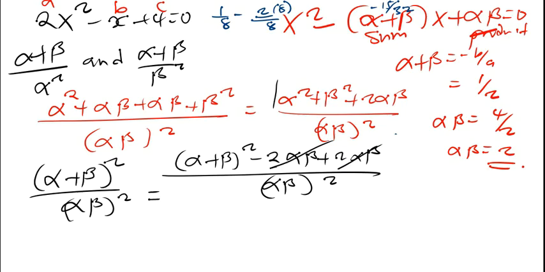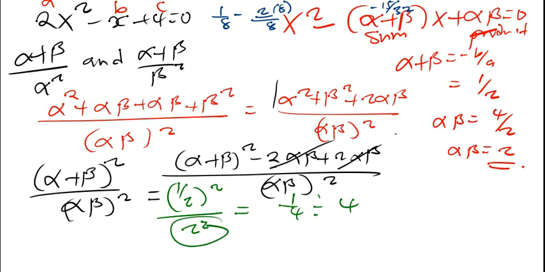We can plug in the values. Alpha plus beta is 1 over 2 raised to the power 2. Alpha times beta is 2 raised to the power 2. 1 over 4 divided by 4, because this is 4. 1 over 4 times 1 over 4. So it's 1 over 16. This is now the product.